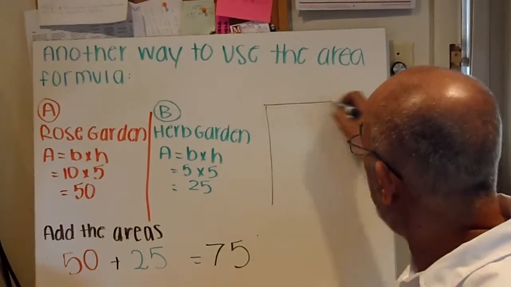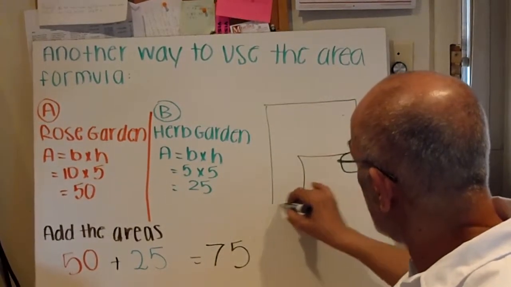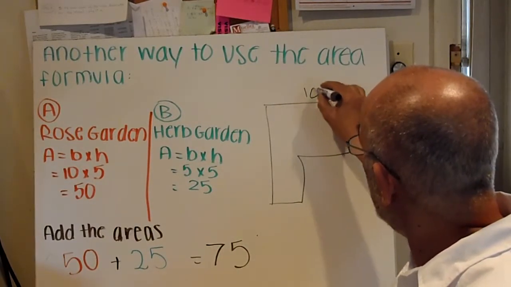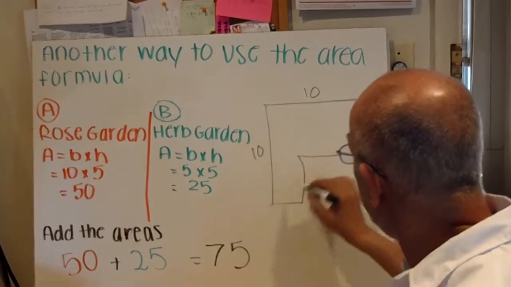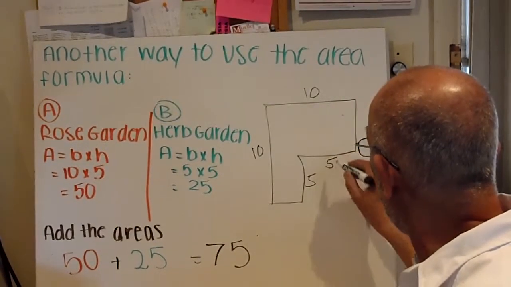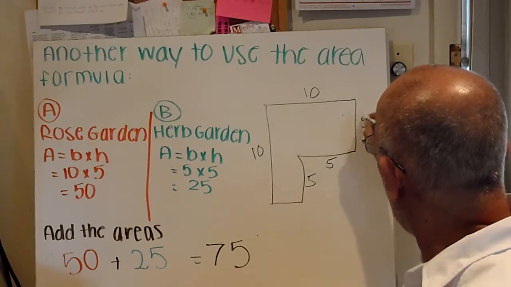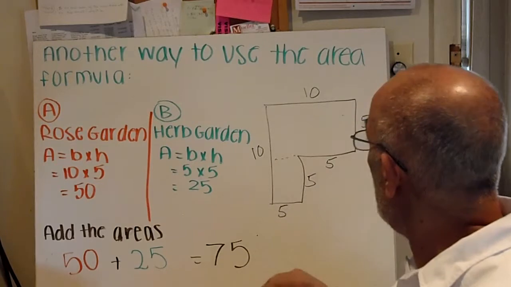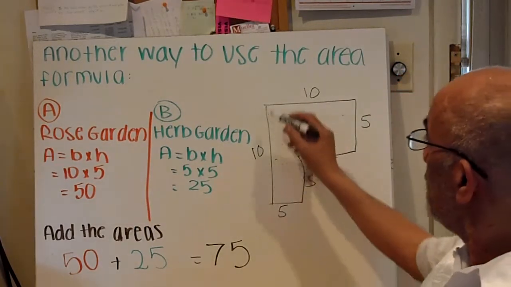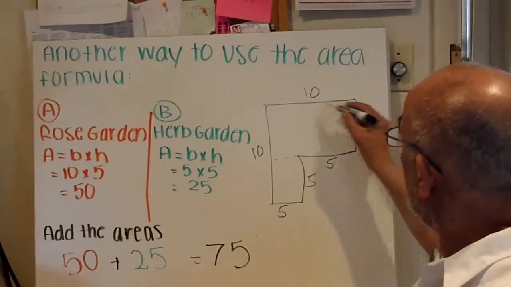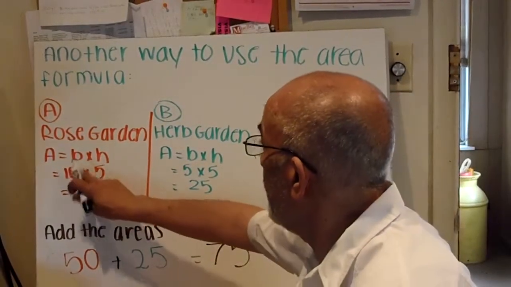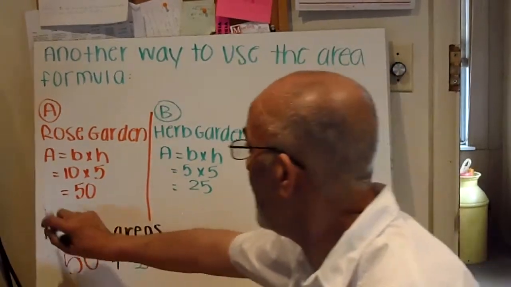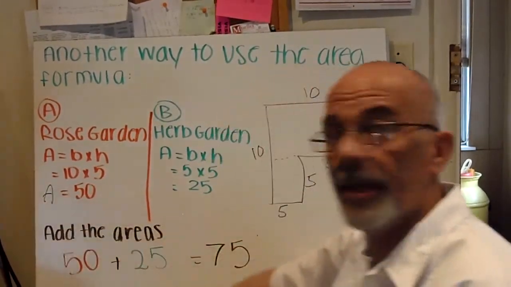So if we remember, it was 10 here, 5, 5, 5. When we broke it up into this rectangle, we got 5 times 10. 10 the base, 5 the height, 50 is the total area.